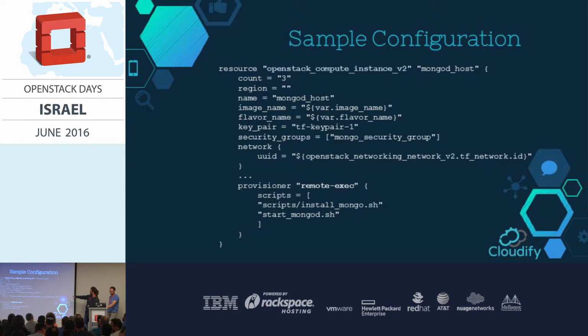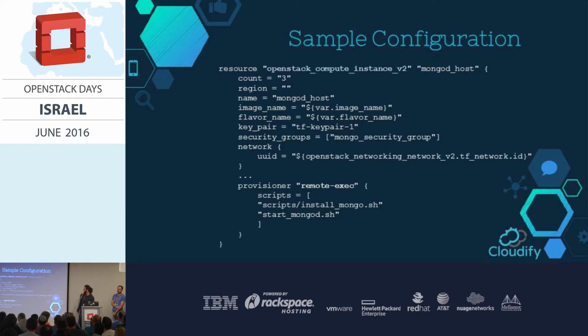I can reference properties of other resources. Like this network ID, I've hidden it, but there's getting the IP of a floating IP that I already created. And then there's something called a provisioner, which enables me to run a script either locally or remotely on the virtual machine as part of its execution. In this case, it's just a script that installs Mongo and starts it.